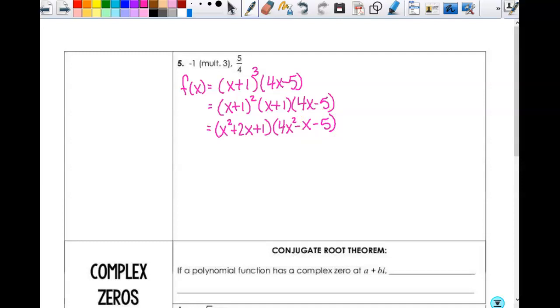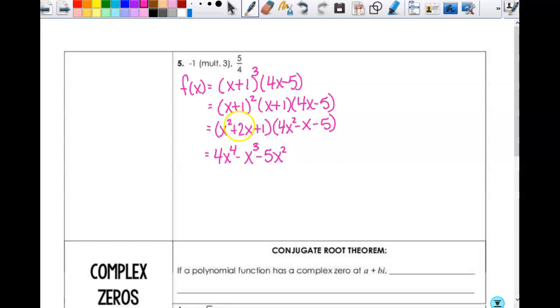So then I've got to multiply these two trinomials together. The more consistent you are in how you do this and the more deliberate in your process, the easier all of this stuff becomes. So I'm going to start with this first one, x squared, and multiply it by each one of these. So this is going to give me 4x to the 4th, then negative x cubed minus 5x squared.